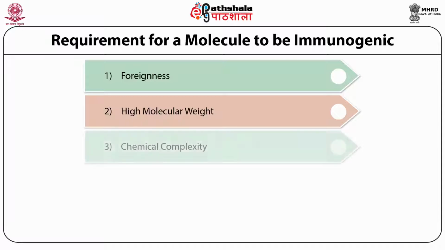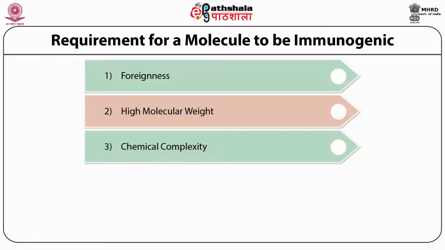The third one is chemical complexity. Many times it so happens that a molecule is foreign and has a very high molecular weight, but sometimes it doesn't induce the immune response. The reason is that it should be complex enough to prove to be immunogenic.